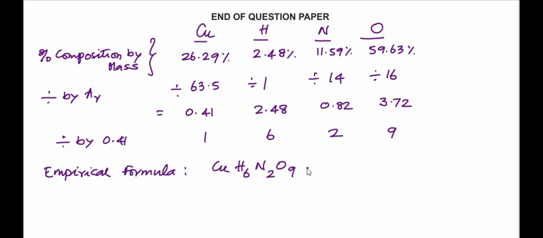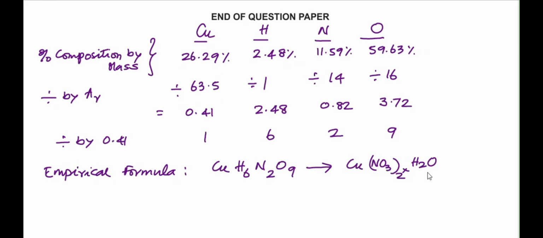But we already know that this is copper nitrate with X number of water molecules in it. So we need to know how many water molecules are there. Copper nitrate here and X molecules of water. Right. Now all the hydrogen will go to form the water molecules. There are 6 hydrogen here.